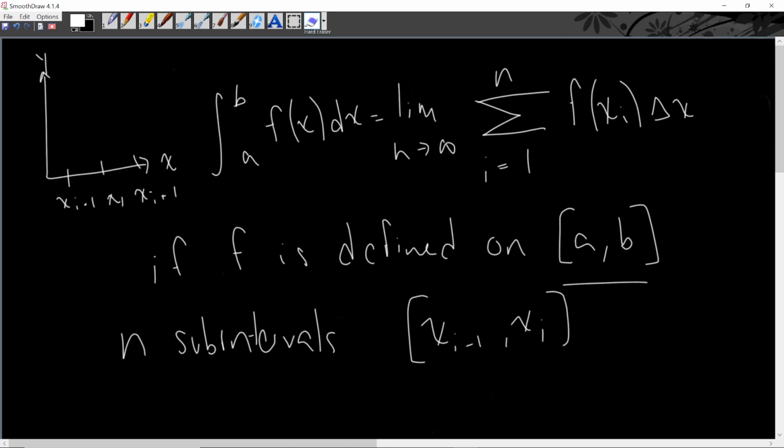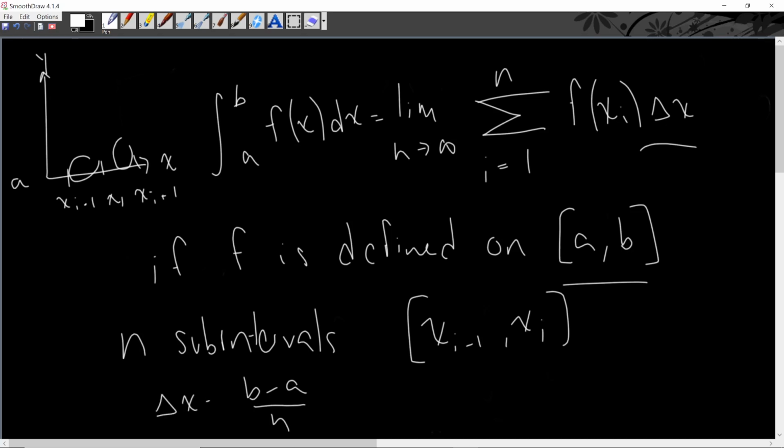If all of this is happening on some interval of a to b, we're going to use that same idea from the mean value theorem, and we can say that the change in x between all of these subintervals is going to be b minus a over n.